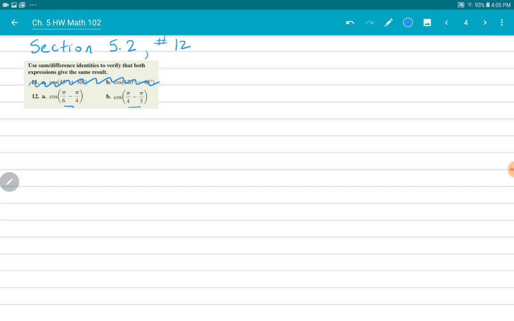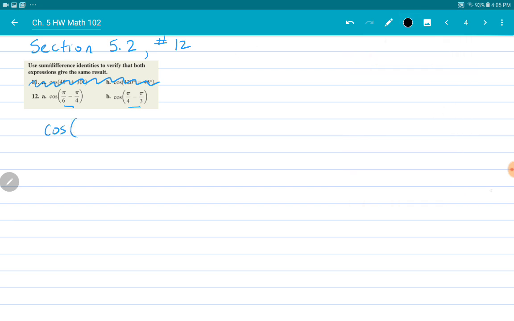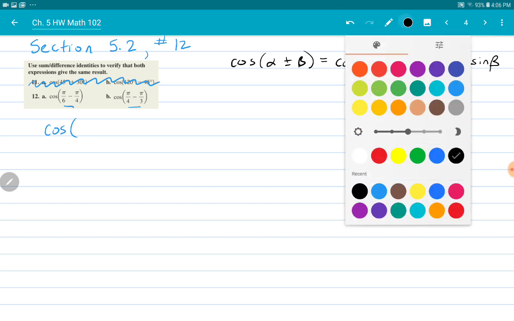So we're going to use the identity for, remember, our cosine identity: cosine of alpha plus or minus beta is equal to, the sign changes, so it's going to be a minus and a plus, with cosines in front and then sines in the back, alpha, beta, alpha, beta. So there's my formula that I'm going to use in both of these.